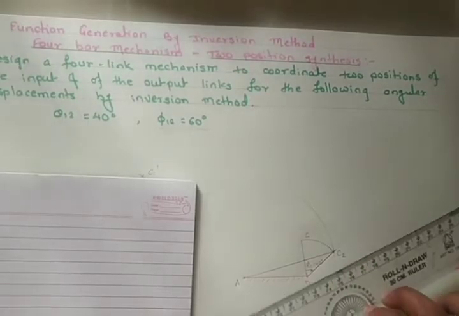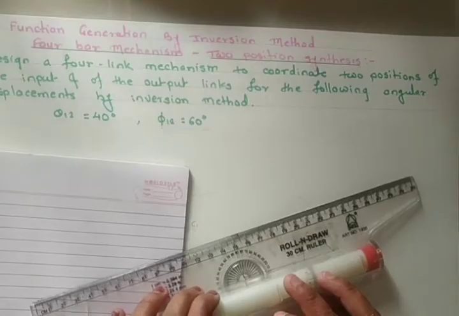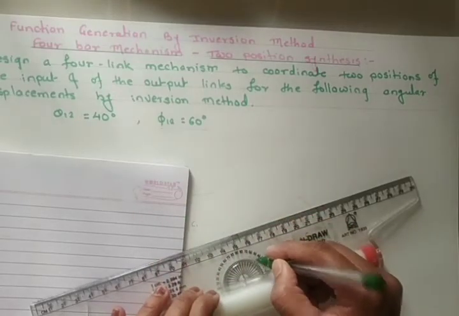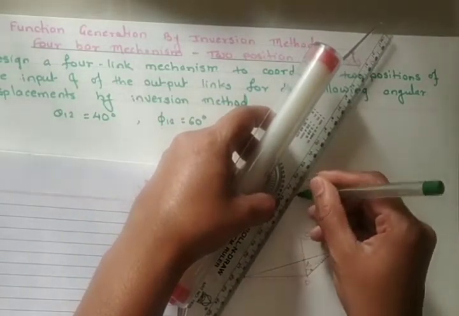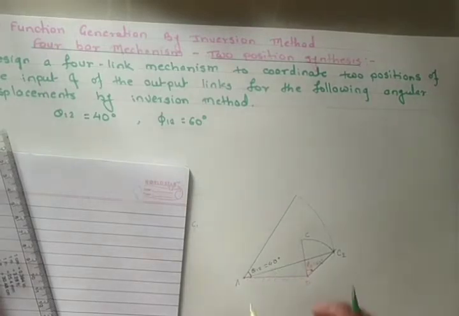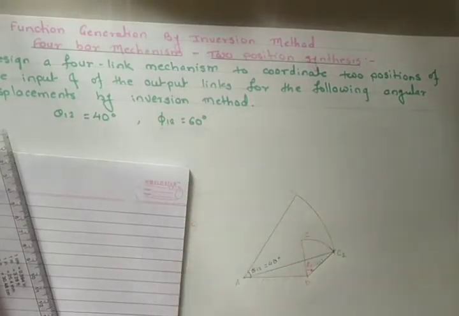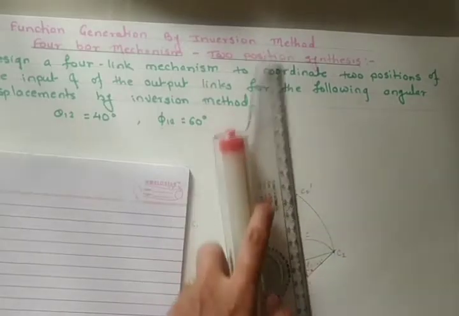So from this line AC2, let's take an angle equal to theta 1 2, that is equal to 40 degree, and mark the line. And that point is nothing but C2 dash.